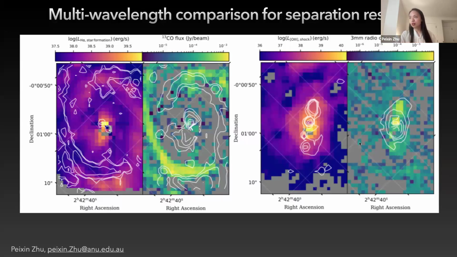These two figures are compared with each other, and you can see that they have very similar shapes in similar regions, meaning that the separation results are performing rather well.